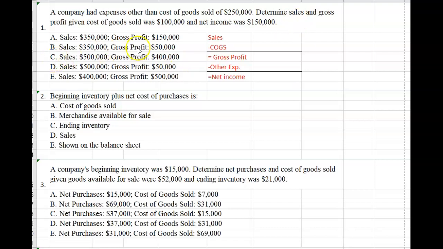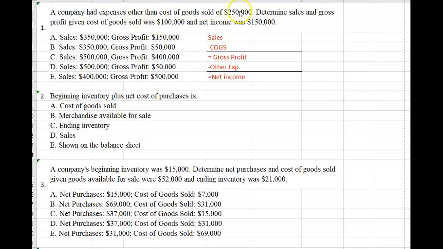So for number 1 and some other questions, when you run across something like this, and you know there's a formula that goes along with these numbers, lay the formula out, pop in the numbers that you are given, and then solve for the ones that you're not given. So sales and gross profit are the ones you are not given.